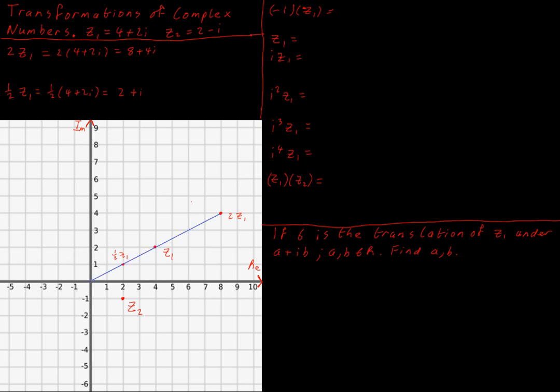I can see effectively if I have my Z1 and I multiply by 2, I stretch out the modulus of my number. I keep going in the same direction, but I stretch Z1 out away from the origin so that it goes twice as far away from the origin. If I multiply by a half, I squish Z1 and it goes back towards the origin. So it's going in the same direction, in the same line, but the modulus gets shrunk or stretched.